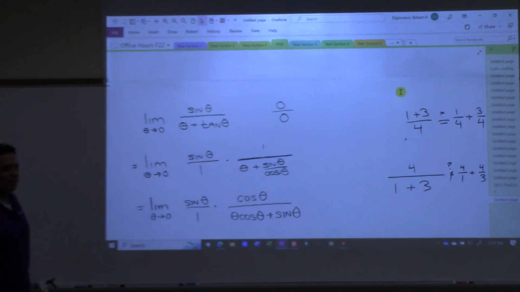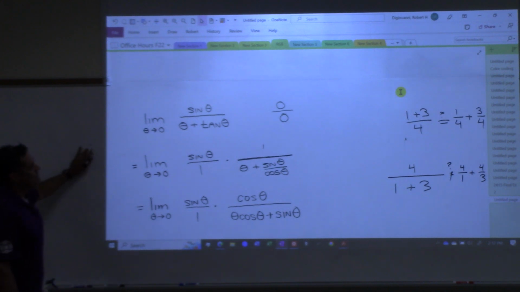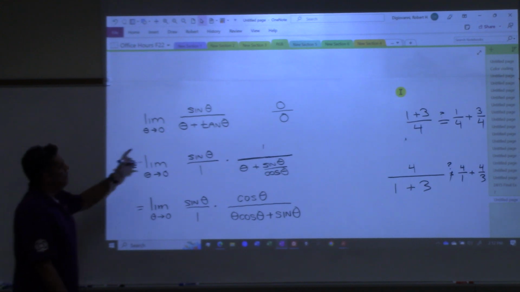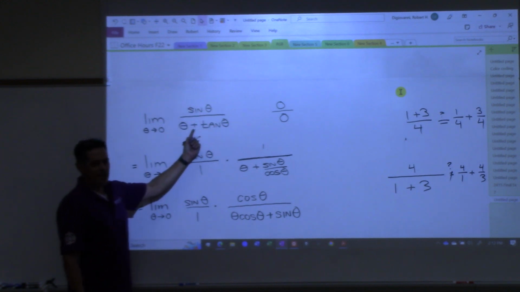Tell me what it is. If tangent is sine over cosine, and you say sine is cosine times tangent, you can replace the numerator with cosine times tangent and then cancel the tangents. Because of the addition, you wouldn't be able to cancel. Again, it's that addition right there that causes the problem.